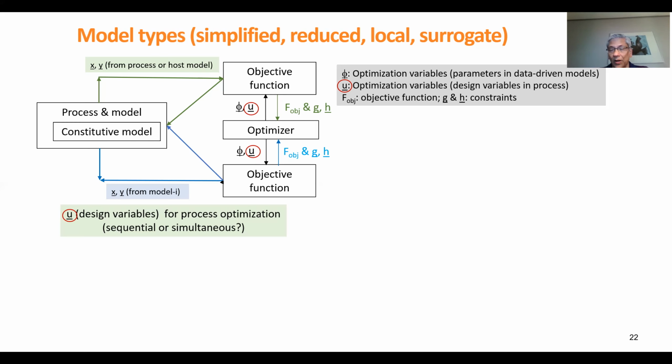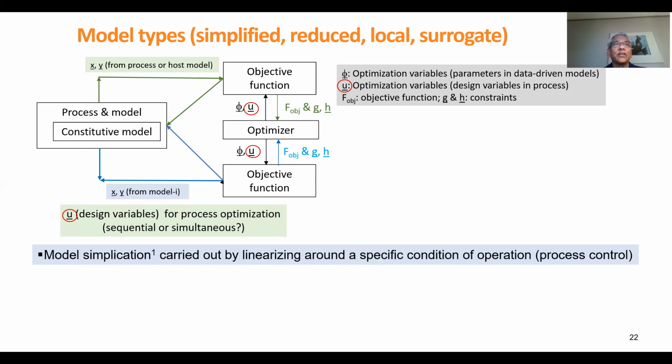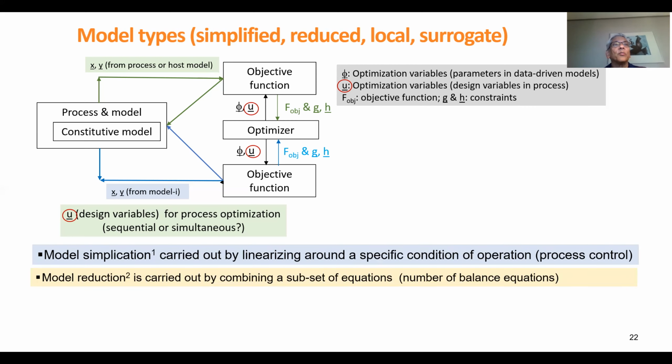So that was the way people did when they used model simplification. Model simplification can simplify the constitutive model or the process model. Model reduction will not simplify the constitutive model, but reduce the number of equations in the process model, usually.